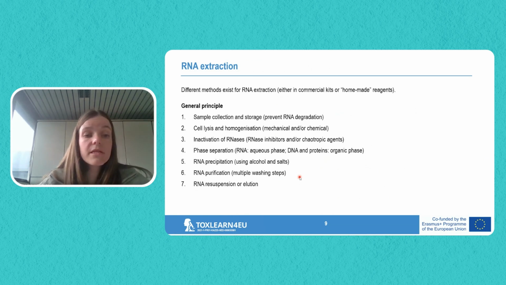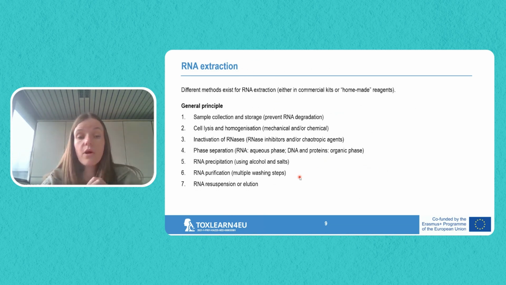To isolate RNA from samples, different methods exist. You can either use a commercially available kit that you can just purchase from specific companies, or you could also use homemade reagents. Both are possible. Of course, the commercial kits make your life easier.